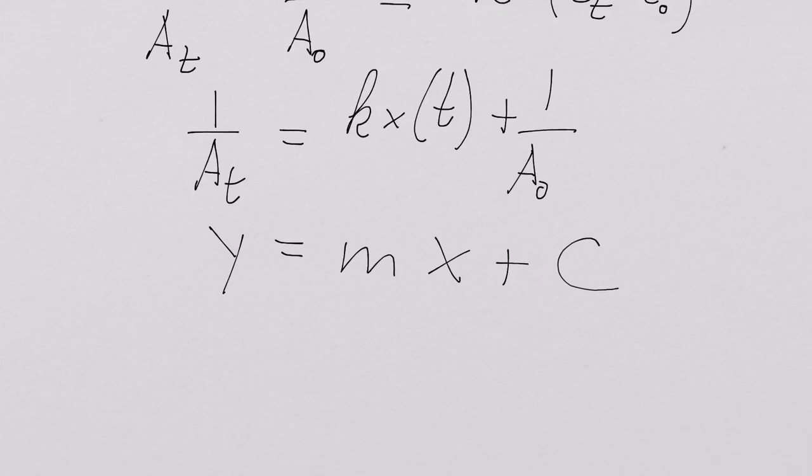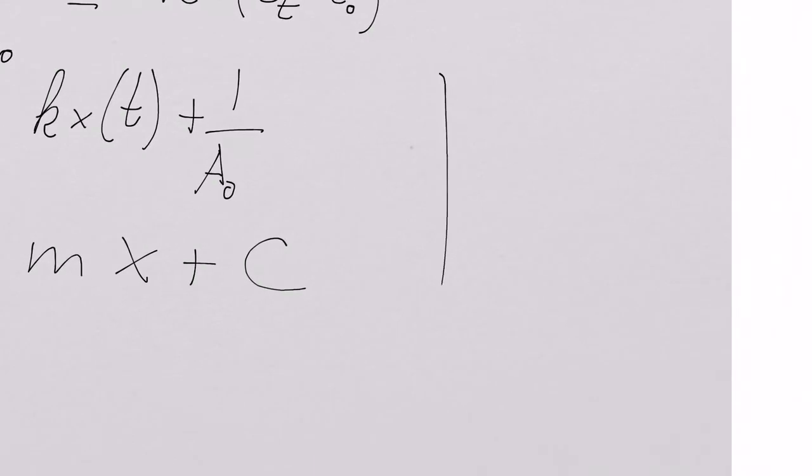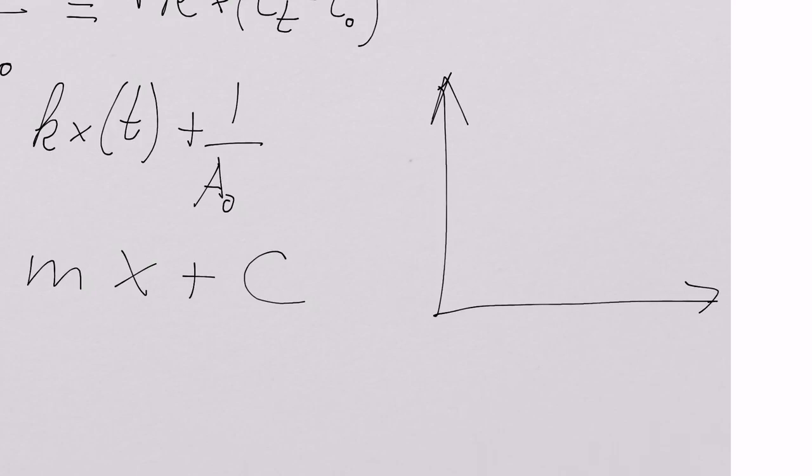So, what do we plot on the y-axis? 1 over A, exactly. 1 over A versus time.